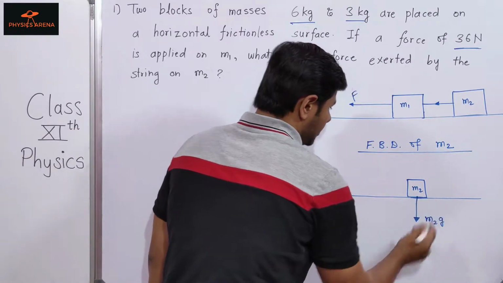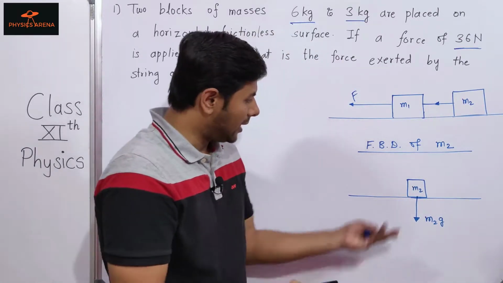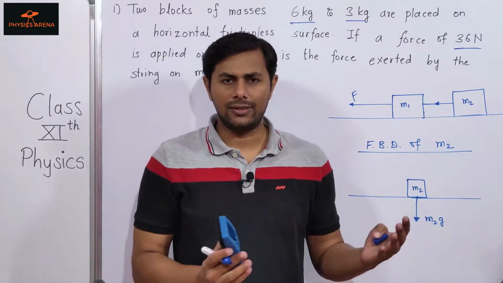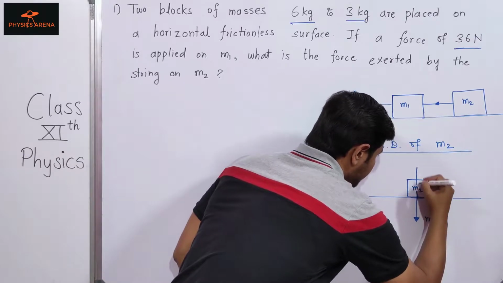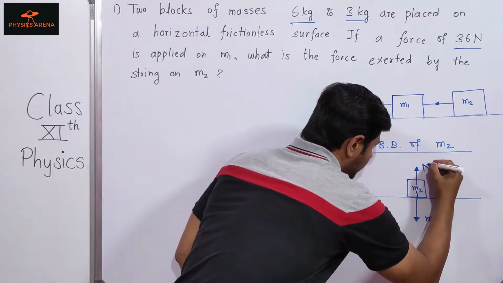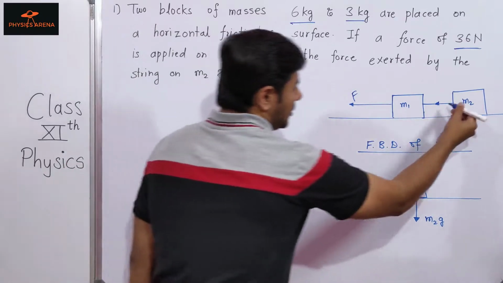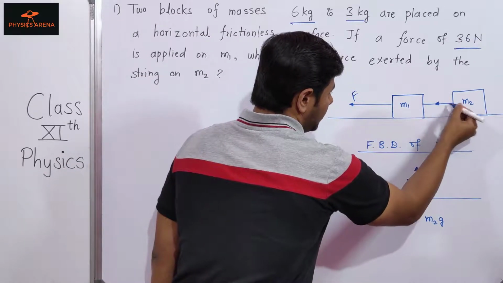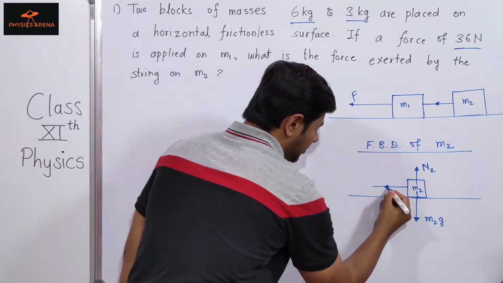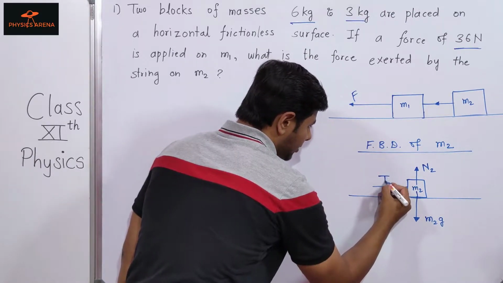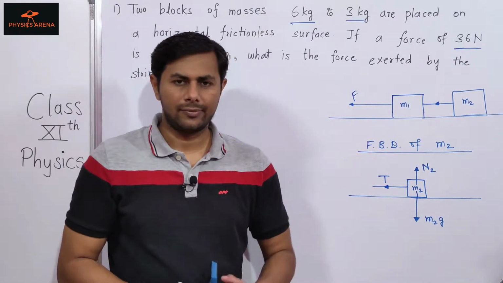Then there is the normal reaction due to this surface, which acts upwards and balances the gravitational force. So normal reaction, let's call it N2. And then there is the force due to the string. The string is pulling m2 towards left. Let's call it tension in the string T.